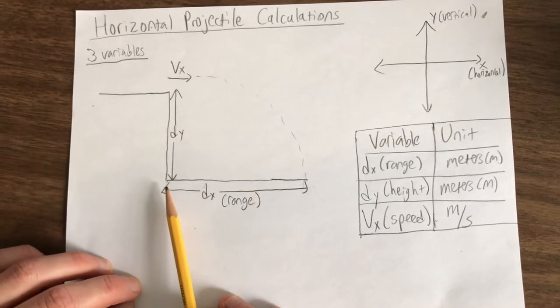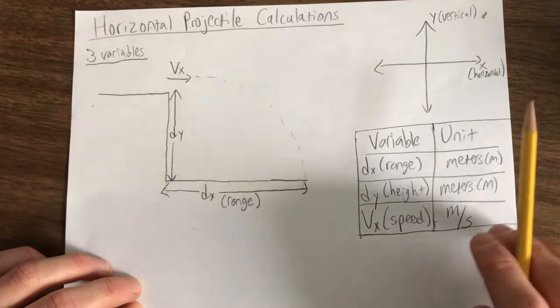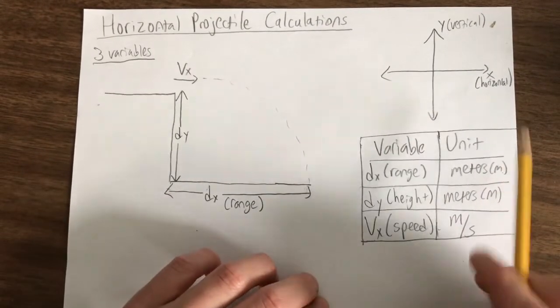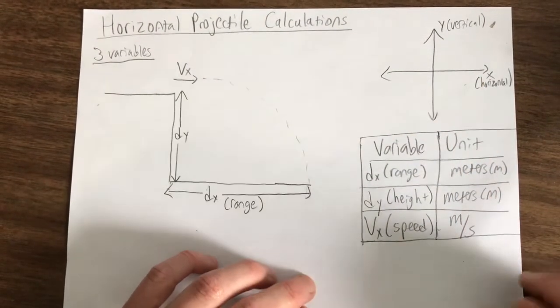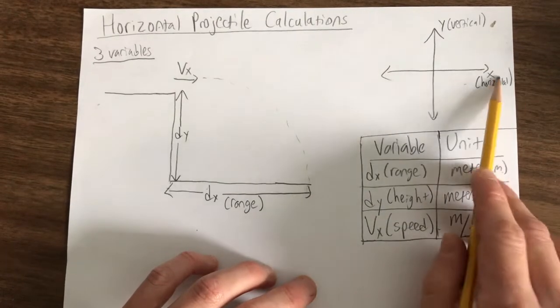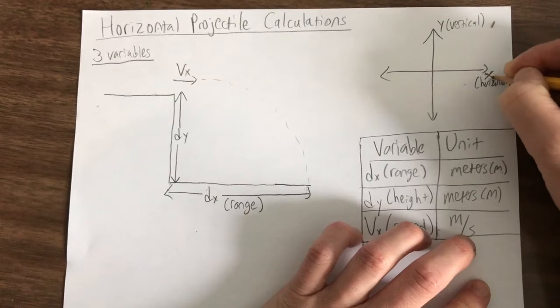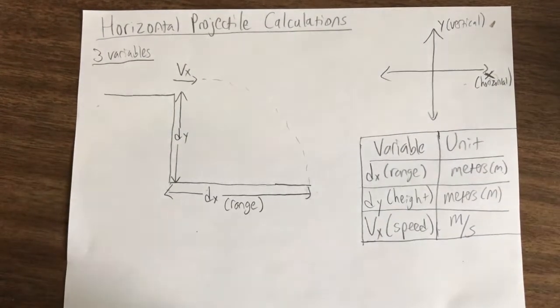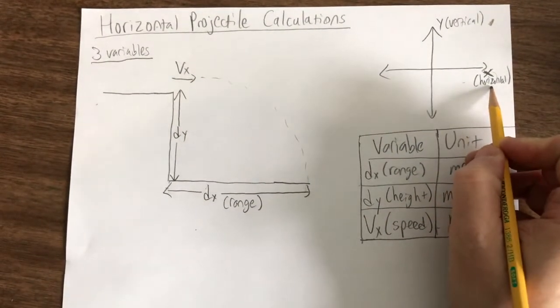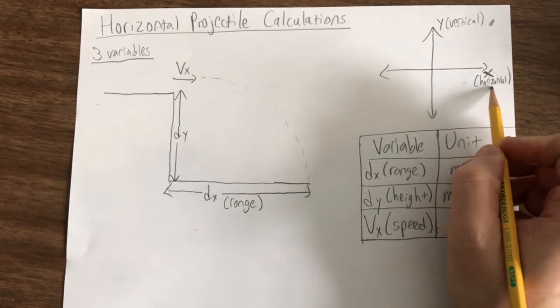All right, so what we do first for the calculations is we use our old x and y axis. So x is just the term we're going to use to mean anything that is horizontal, anything left to right.